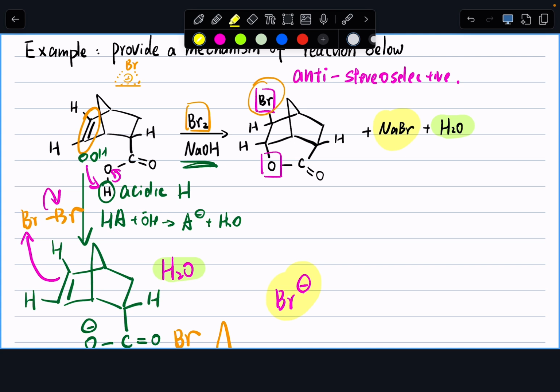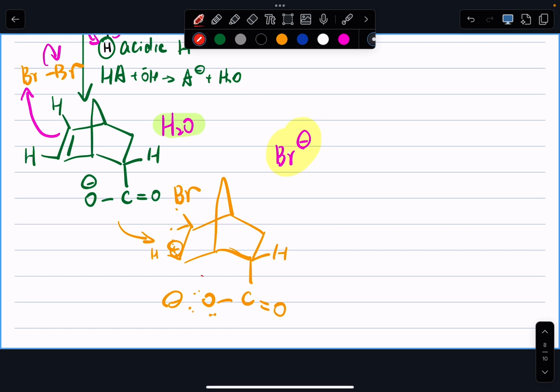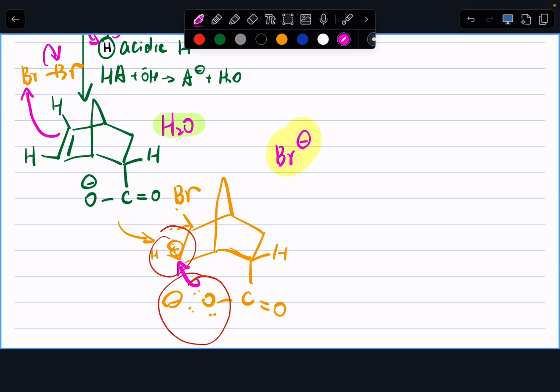And what about the last step? The last bond we're trying to make here is the new carbon-oxygen bond. And what does that look like? Well, that's my oxygen, and that's a carbocation. So the last step is this nucleophilic addition onto the carbocation from the opposite face of that bridged bromine, which is as we expected.